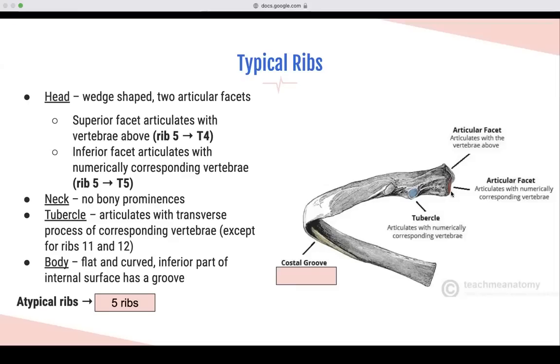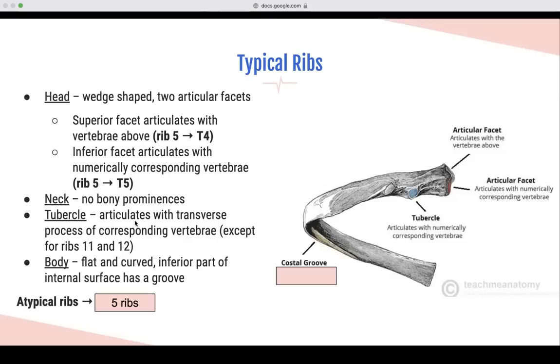Remember, this is in typical ribs. Then you have the neck. Nothing is significant in it other than there's a tubercle between the neck and the body. This tubercle articulates with the corresponding vertebrae. When they say corresponding vertebrae, this means that if this is rib 5, then it articulates with T5.